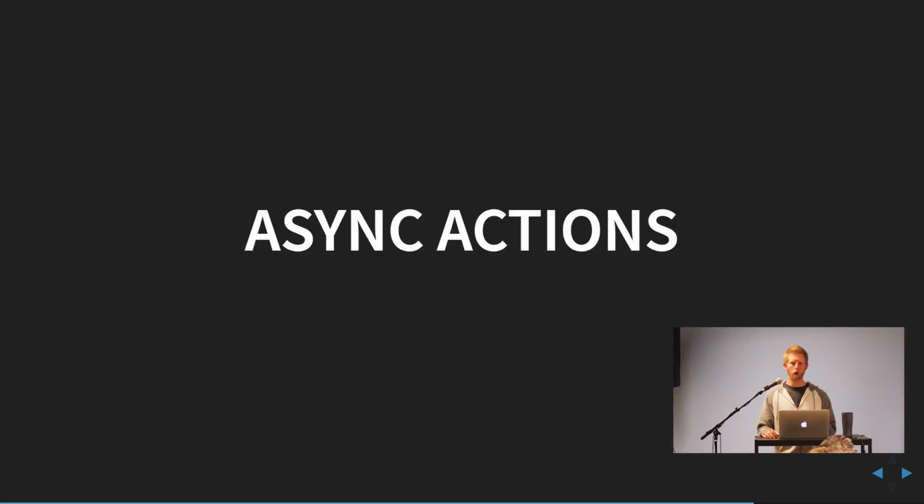We don't know when that request is going to complete. We don't know if that request is going to be successful. Something could go wrong in the server, and we don't get the data back. So we need a way to deal with that unpredictability and still not blow up our nice synchronous transactional state model. And so the way to do that is through async actions.